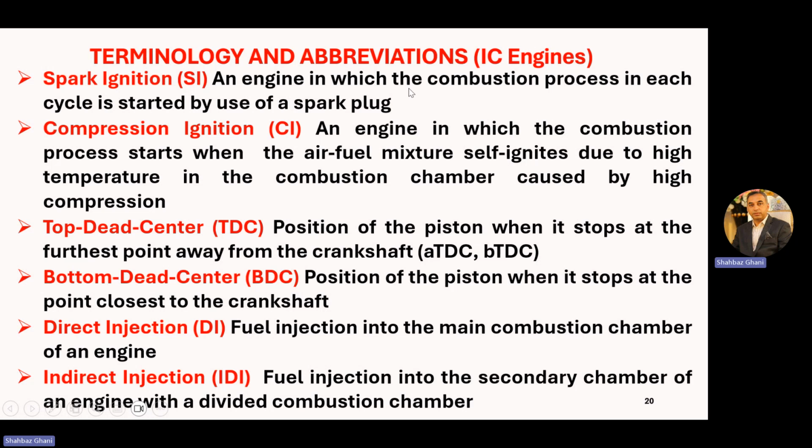In every engine, the combustion process is the process in which you get the ignition and the fuel is burned, and that burning of the fuel is known as the combustion process, and that combustion process starts with the help of a spark plug. If a spark plug is there, then it is a spark ignition or SI engine.